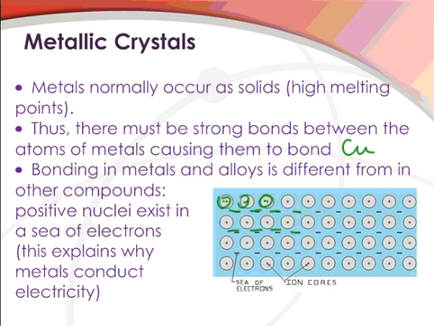That is as much detail as we're going to go into for this topic. If you decide to take chemistry later on in university, you'll probably go into a lot more detail, but all you need to know is that for metals and alloys, it basically is a positive nuclei existing in a sea of electrons, and those electrons can move around so that these metals can conduct electricity.